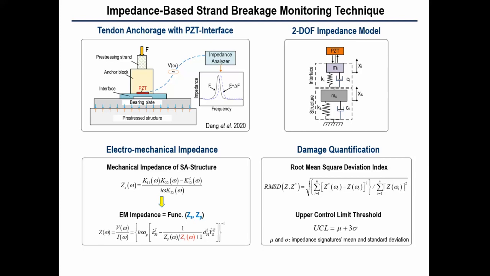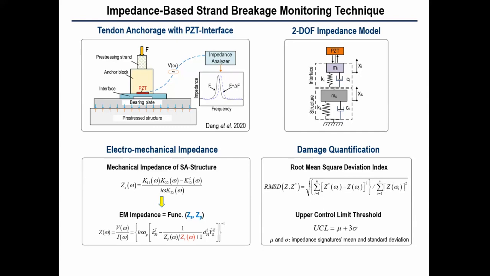As you can see in figure 2 top right, this is the 2 degree of freedom impedance model, one for the PZT interface and one for the anchorage. In figure 3 bottom left, that is the electromechanical impedance. I'm not going to go into detail on this.